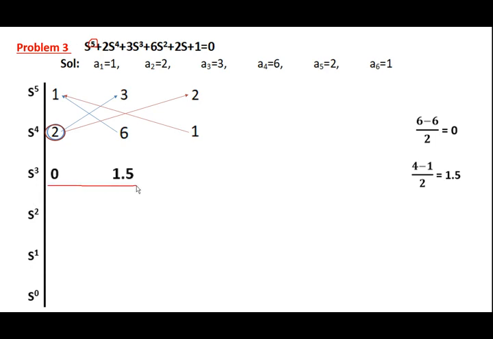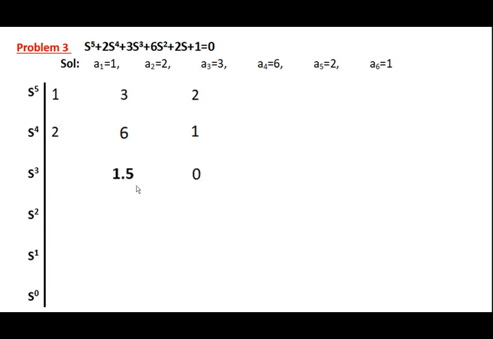So here the first element is 0. So what can you do? If the first element of any row is 0, then we can replace that 0 by a small positive value called epsilon. So instead of 0, we can write epsilon in the third row.